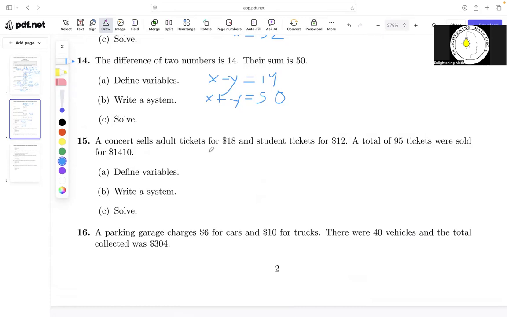So what we know then is 18A for adult tickets, which is $18, and let's use 12S for student tickets.